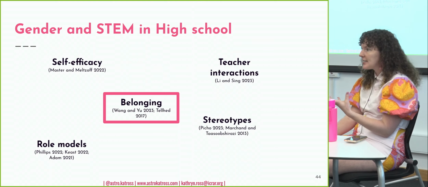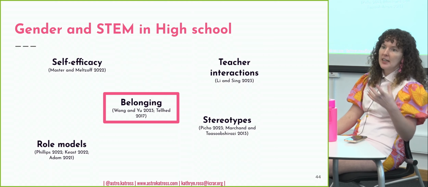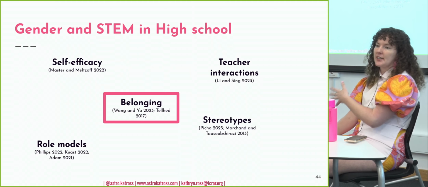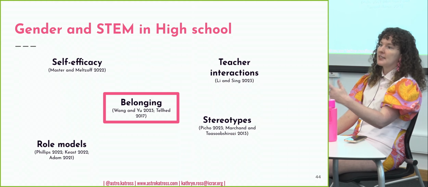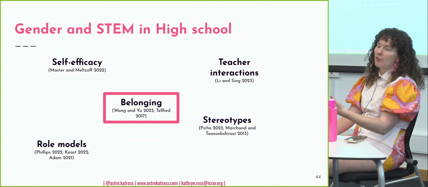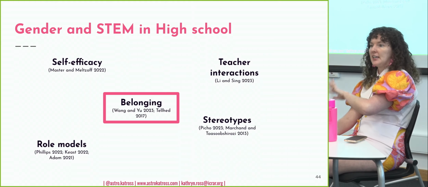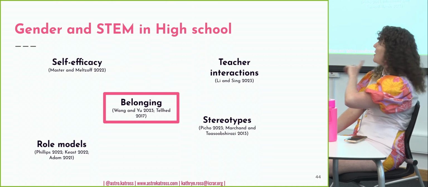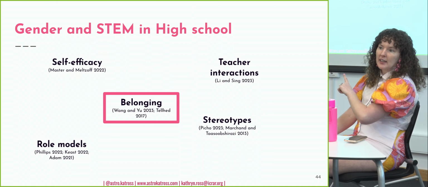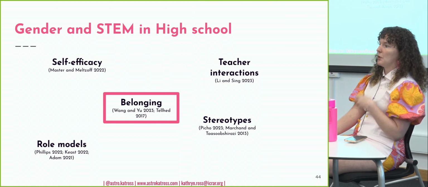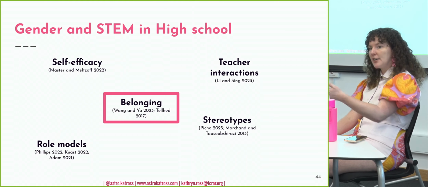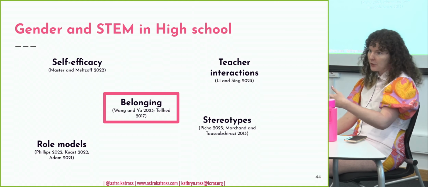So if a student has a sense of belonging, they have a role model they can relate to, they don't suffer from this stereotype threat because they feel like they belong here, we can see the positive impact that's happening on their progression and on their grades as well. But inversely, if there is no sense of belonging, if even one of these things is failing, we can see that effect as well. So belonging is really the big thing, and we want to be increasing that sense of belonging to increase the progression and engagement with STEM.